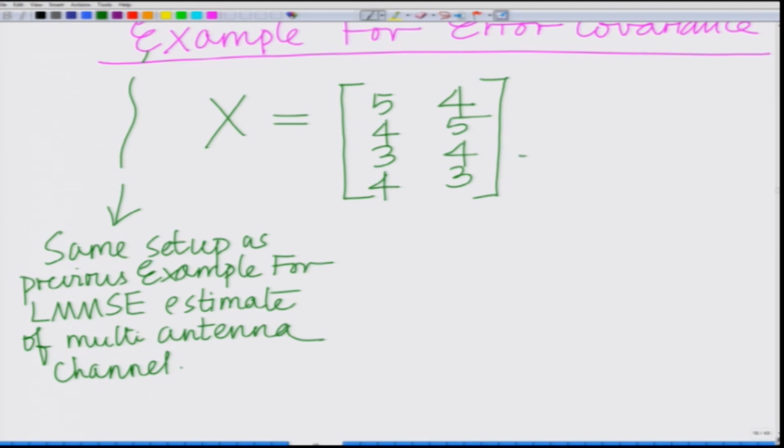So the pilot matrix, this is your pilot matrix, okay.